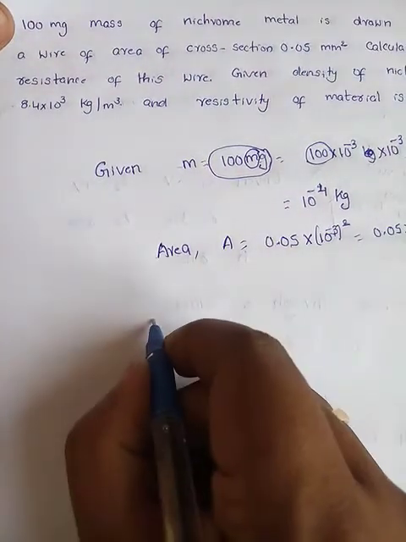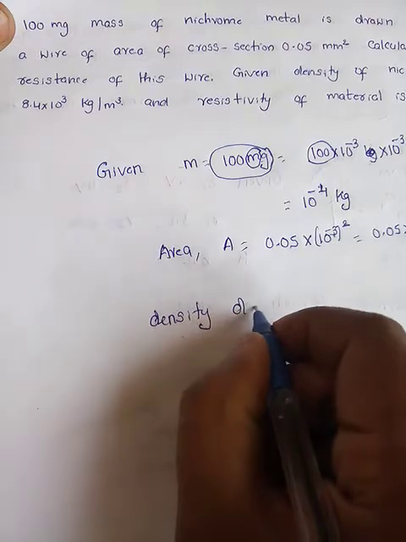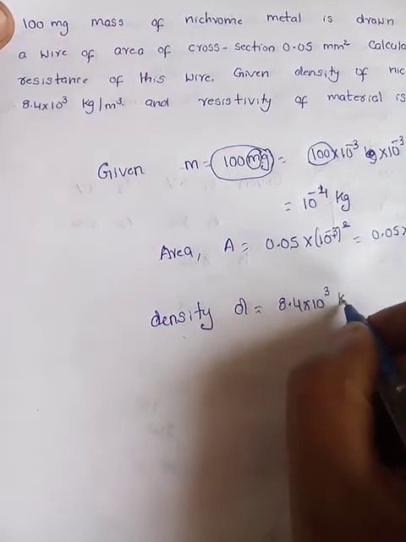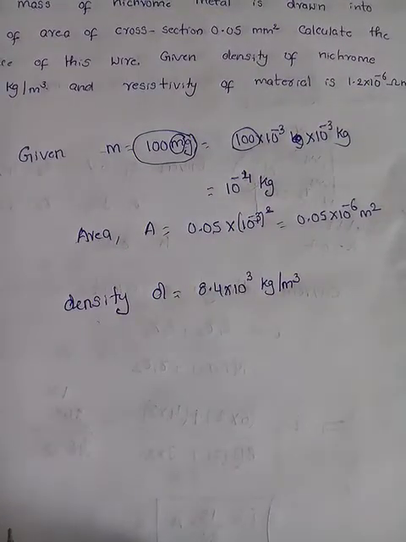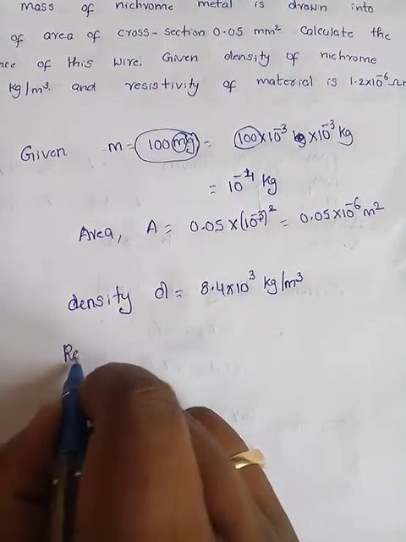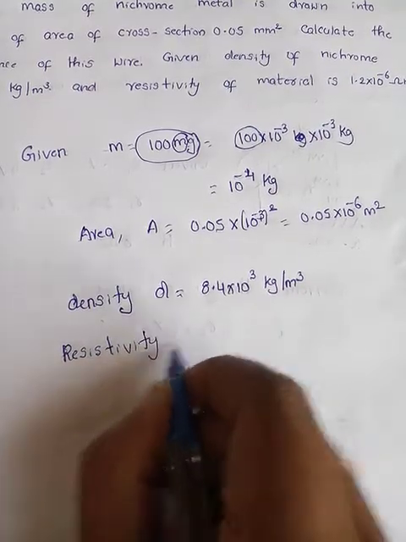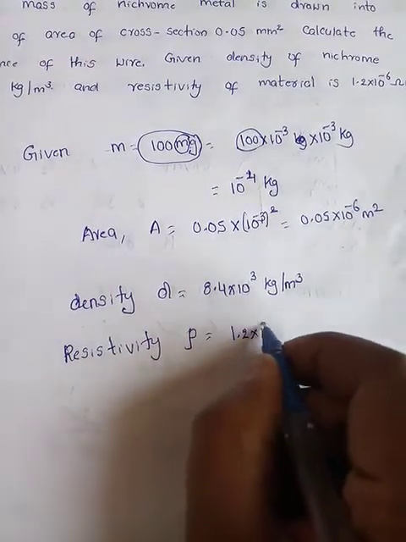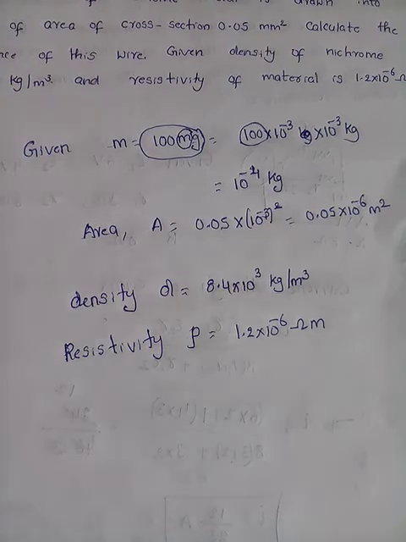Density. Density D equals 8.4 into 10 raised to 3 kg per meter cube. Next and last one, resistivity. Resistivity rho equals 1.2 into 10 raised to minus 6 ohm meter. So these are the given things.